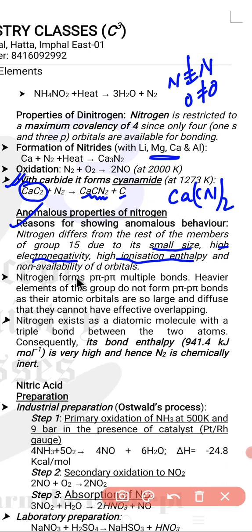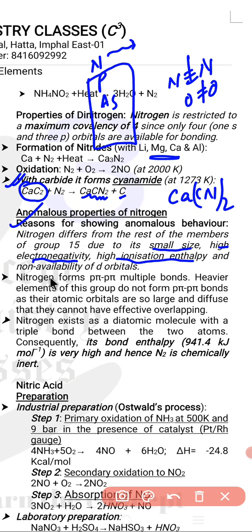Due to these reasons, nitrogen shows anomalous behavior from the rest of the members of group 15, like phosphorus and arsenic. Nitrogen shows some different characters from these elements. That is called anomalous behavior or anomalous properties.